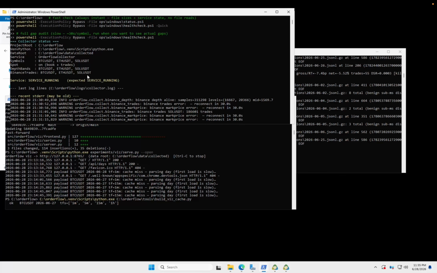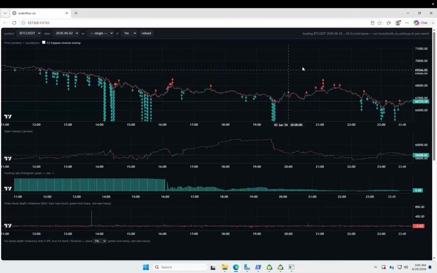So I have my own collector running. This one collects data from Binance and Bybit, spot and futures perpetuals. It collects the order books, the open interest, funding, all of that. Everything that is possible. And basically here I have it all interpreted and visualized for the human eye.